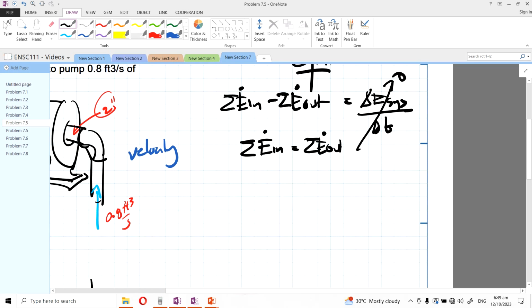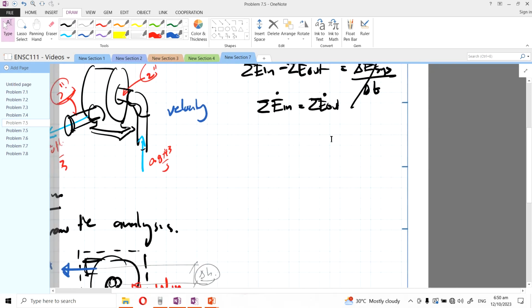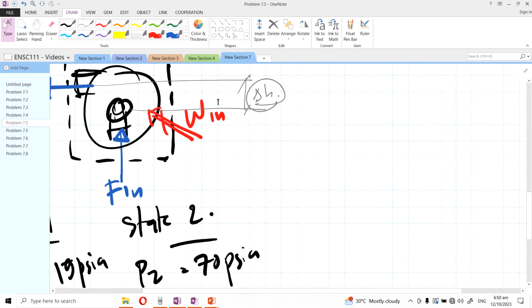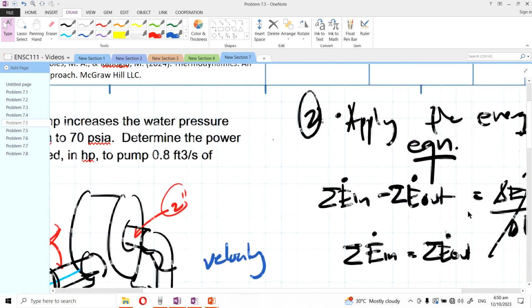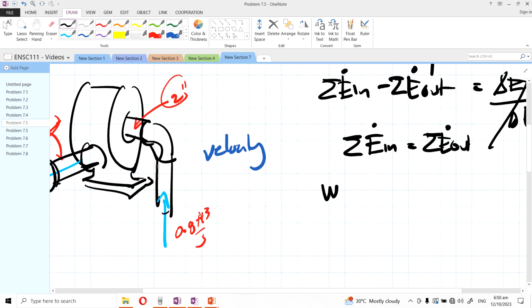That's just it. What are the energy interactions going in? We have work input and flow input. Work input is what we're solving. Work in plus F in is equal to F out.